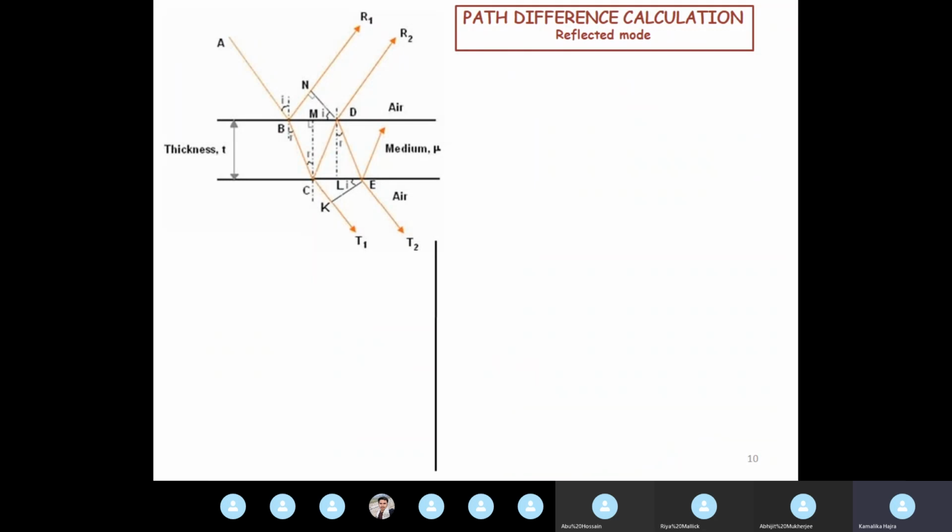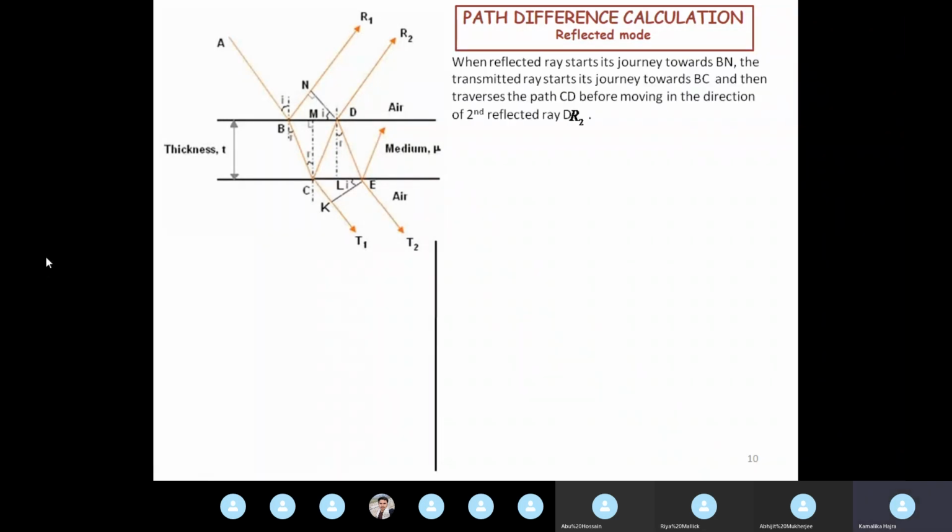You know that in order to see where dark and bright fringes are formed, in order to analyze the fringe pattern, to calculate the path difference, we have to remember that when the first reflected ray starts its journey towards BR1, the other ray, that is the incident ray, splits up into the reflected and the transmitted rays.